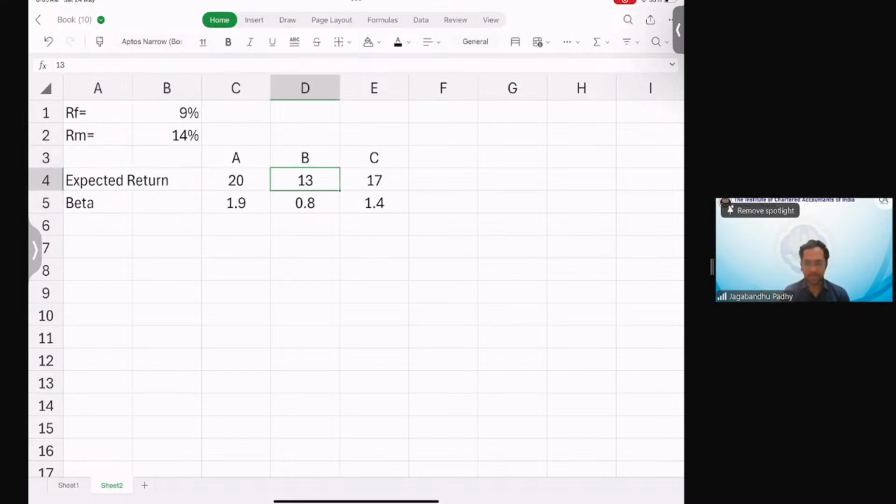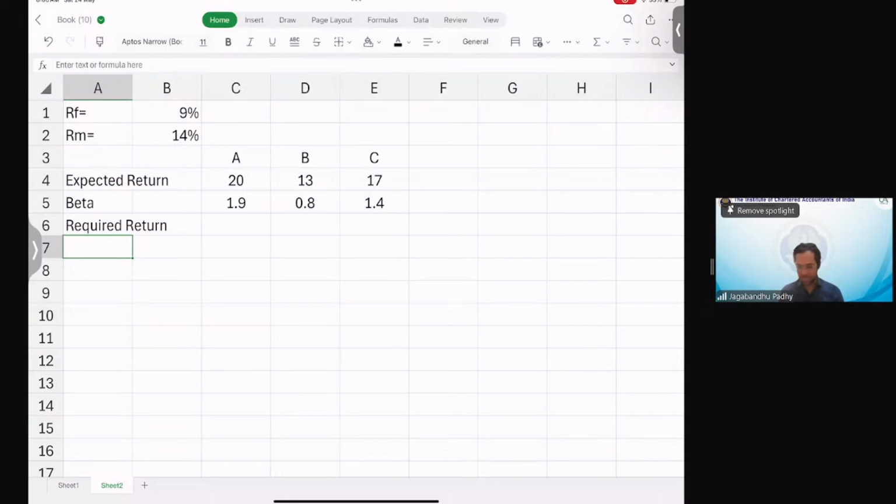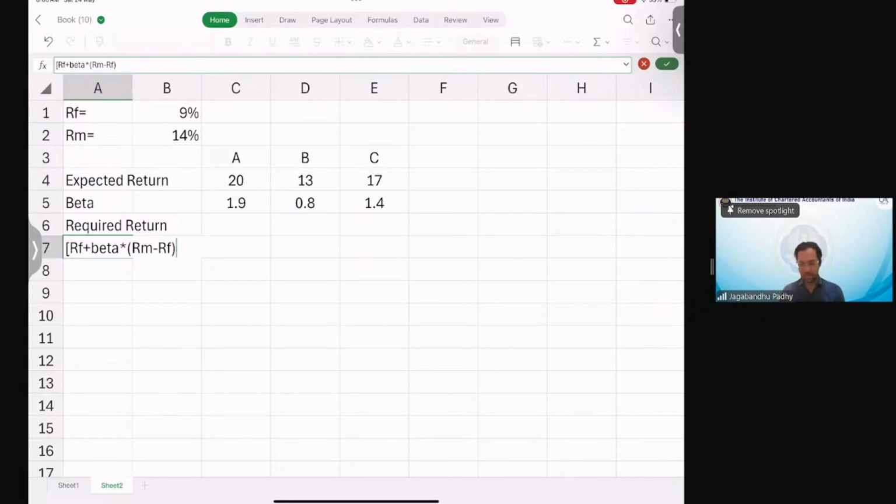Now, we have these expected returns. We want to calculate first what is the required return. The required return will be computed using the CAPM formula, which is RF plus beta into RM minus RF.